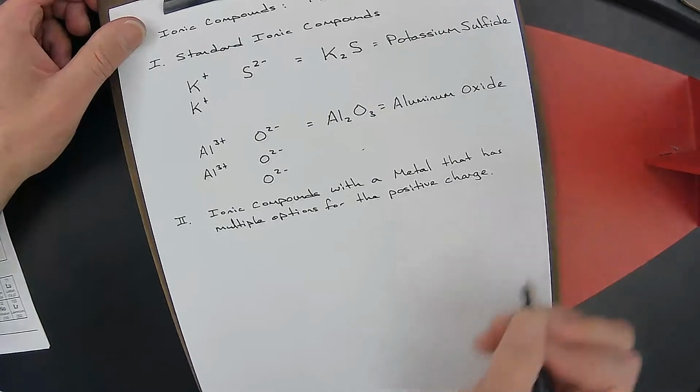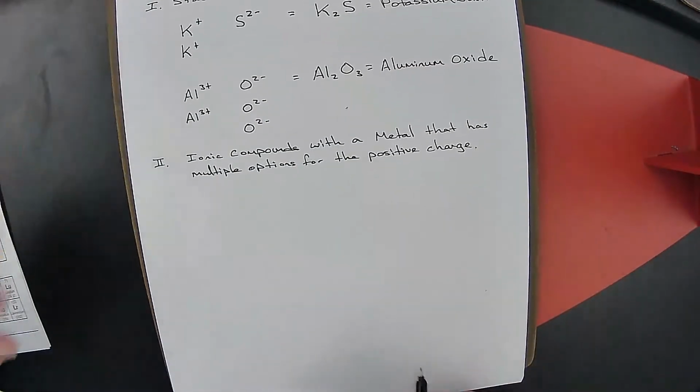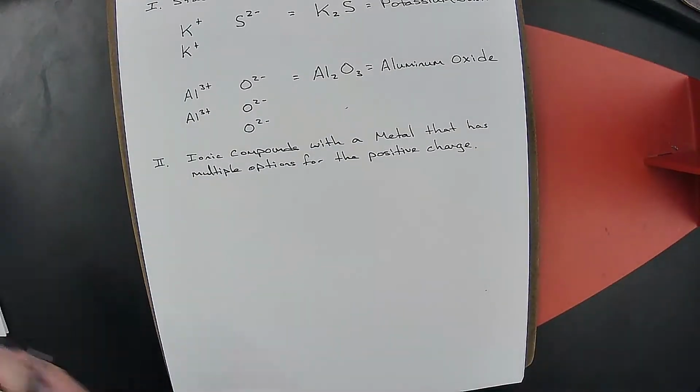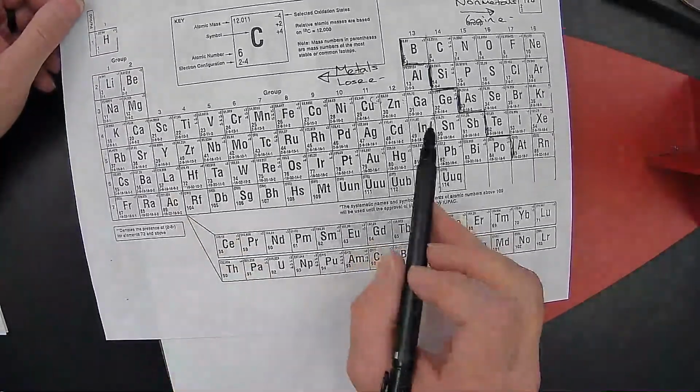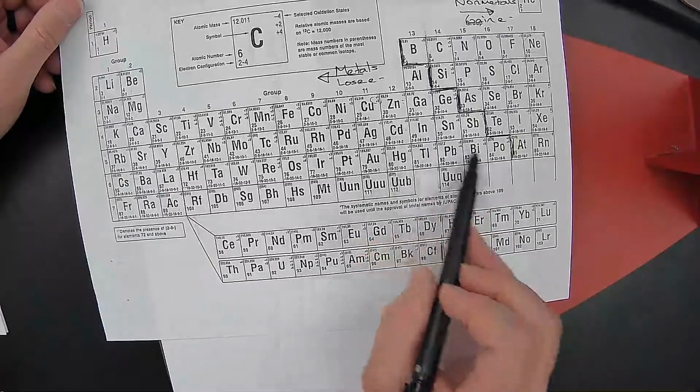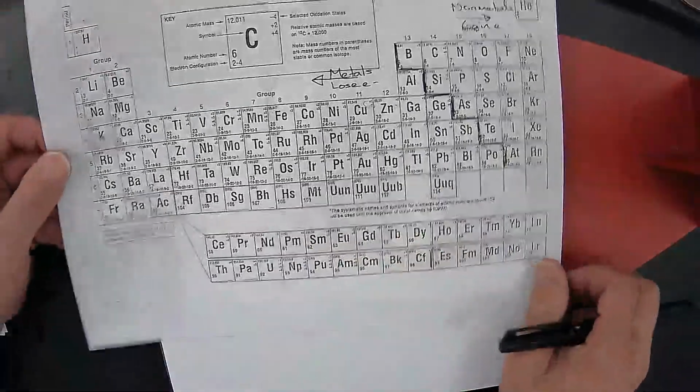So now we're dealing with ionic compounds in which the metal has multiple options. Most of the time, these are transition metals. There's a few over here that would not be considered transition metals that have multiple charges.